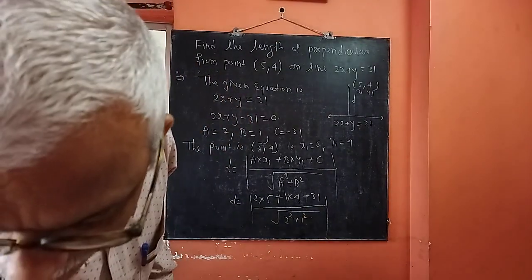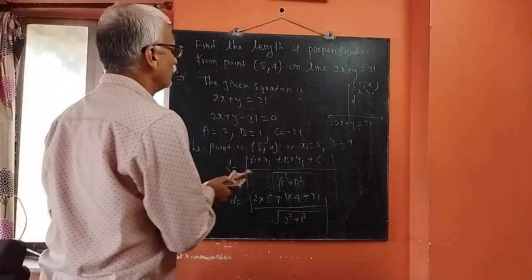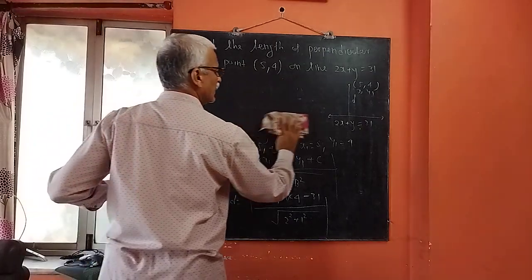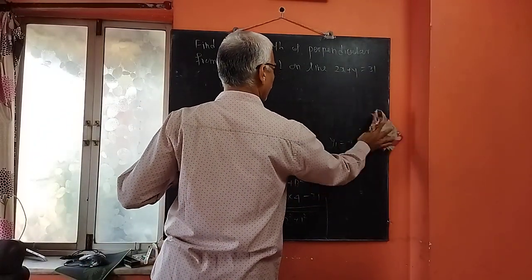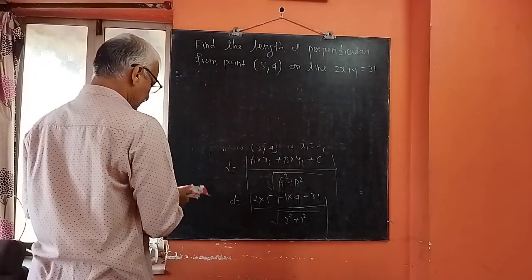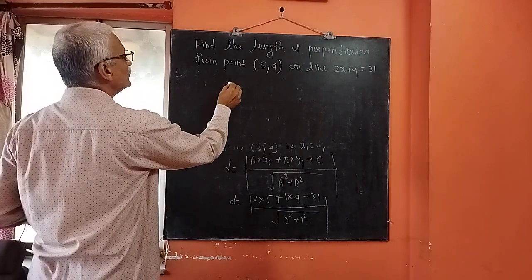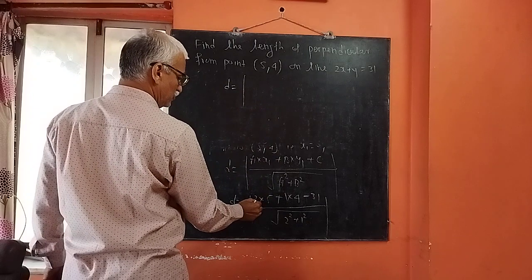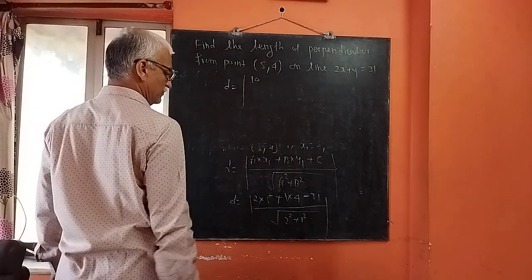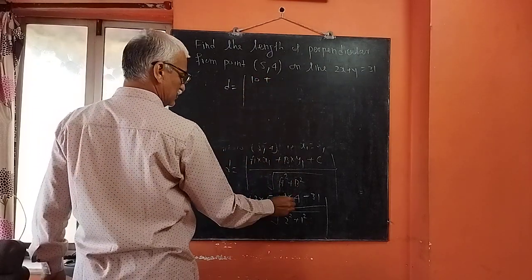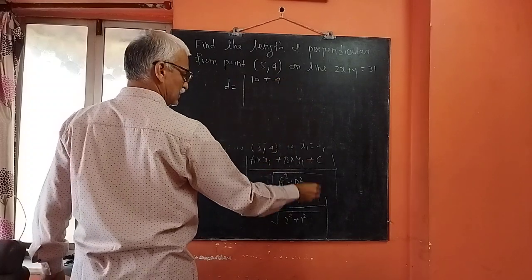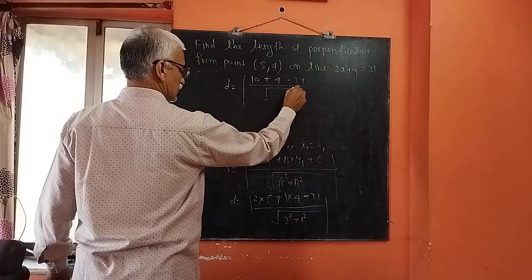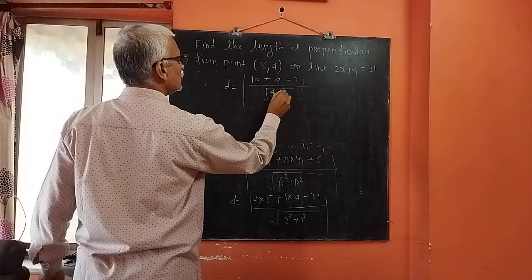Now simplifying it, d is equals to modulus of 2 into 5, that is 10, plus 1 into 4, that is 4, minus 31 upon square root of 2 square is 4 plus 1.